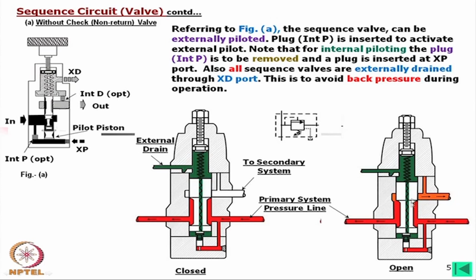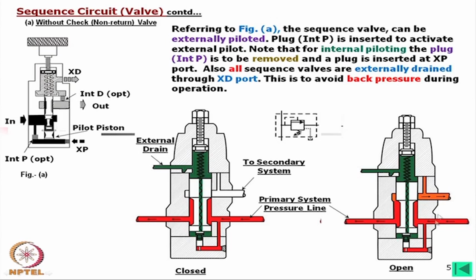When only this pressure exceeds, this pin is there, it will move and then oil will start flowing through this, and then it will go to this path, and this is for external draining.